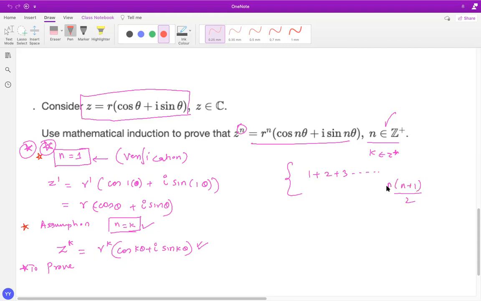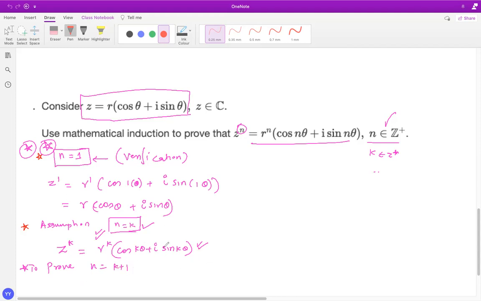If this formula can be used to find the sum of 100 terms, it must also be able to find the sum of 101 terms, 102 terms, and so on. So we've got to make sure that this formula holds true for n equals k plus 1. If this is true for n equals k, then it must be true for n equals k plus 1.